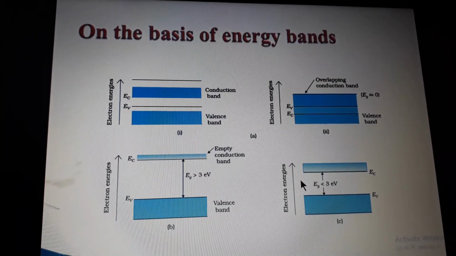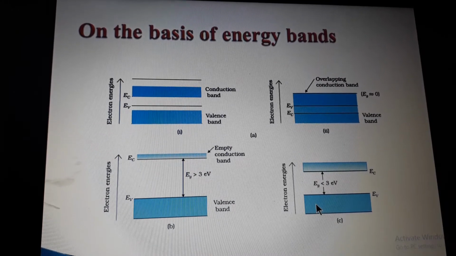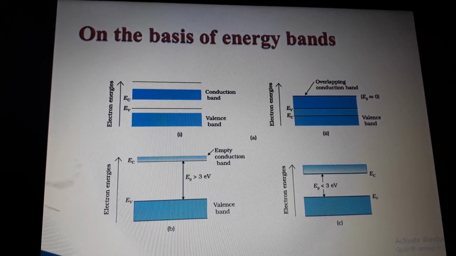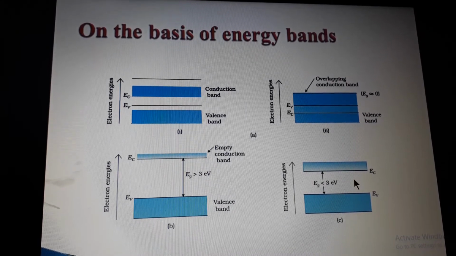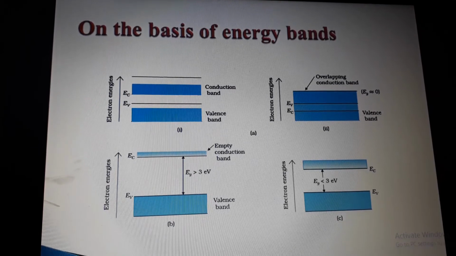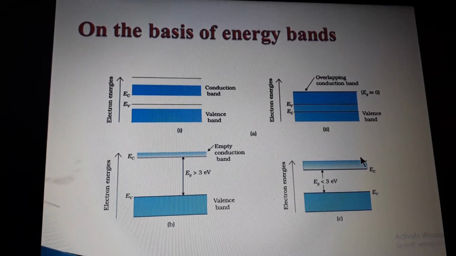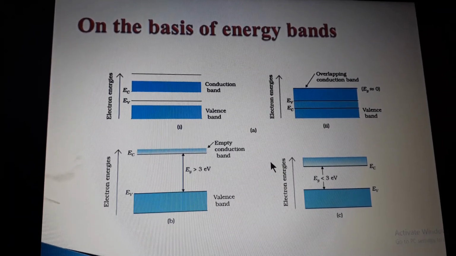That means in a semiconductor, up to a particular voltage, or you can say energy, the device works as an insulator. But after that particular voltage, it can work as a conductor. So this is on the basis of the energy band diagram.